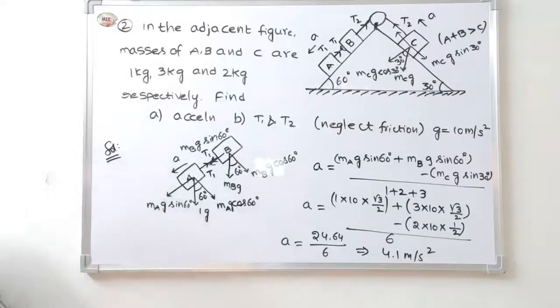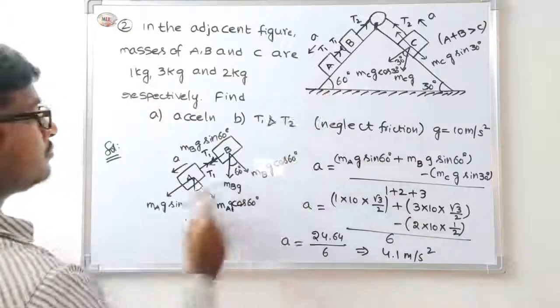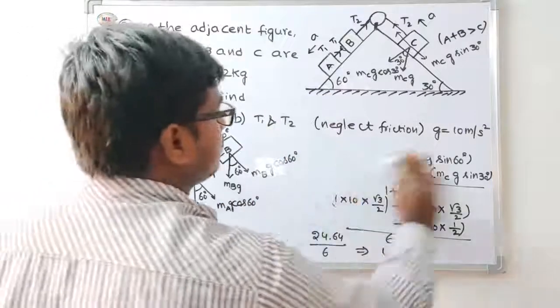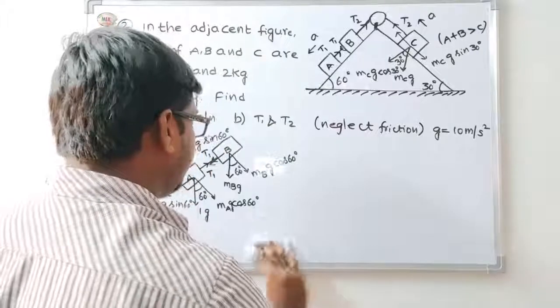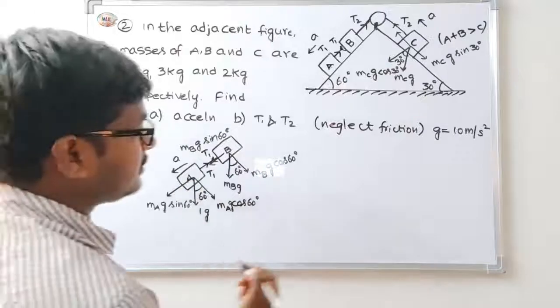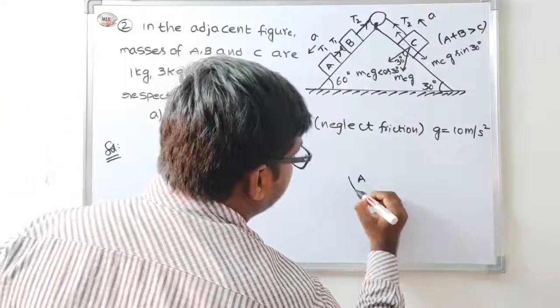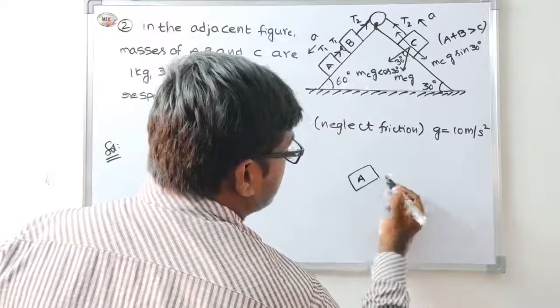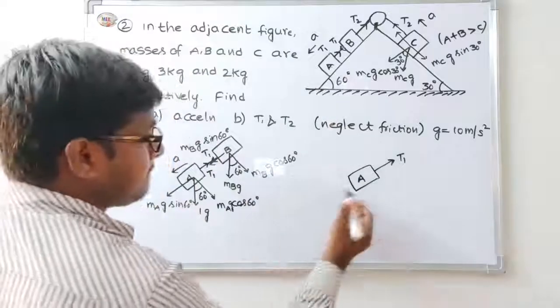This is the acceleration. The next, find out T1 and T2. Okay, T1 and T2 find out. Between A and B, the T1 acting. First take block A, T1 acting forward direction.